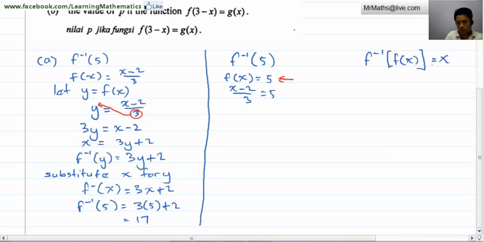Okay, we take a function f(x), we put that as argument for the inverse function of f itself, so it becomes x. Right, so why am I saying that? Okay, let's put a placeholder again. Let y become f(x), then f inverse of y is equal to x, right?